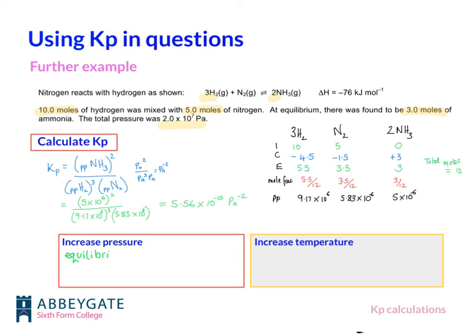Okay, so let's think about this. If we increase the pressure, we're going to move it to the side with the fewest number of moles of gas, which in the case of the Haber process is the right-hand side, the side of the ammonia. So we're going to move, if we increase the pressure, the position of equilibrium is going to move to the right.